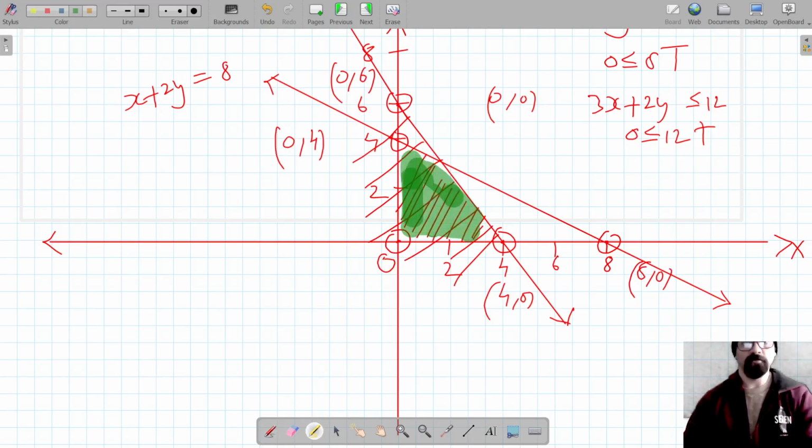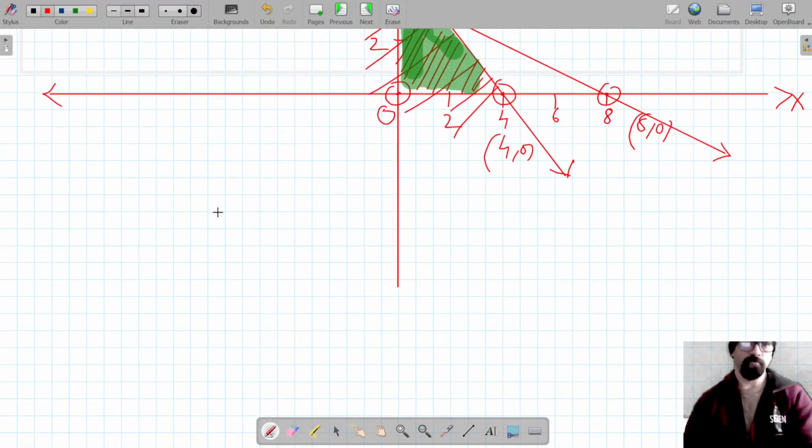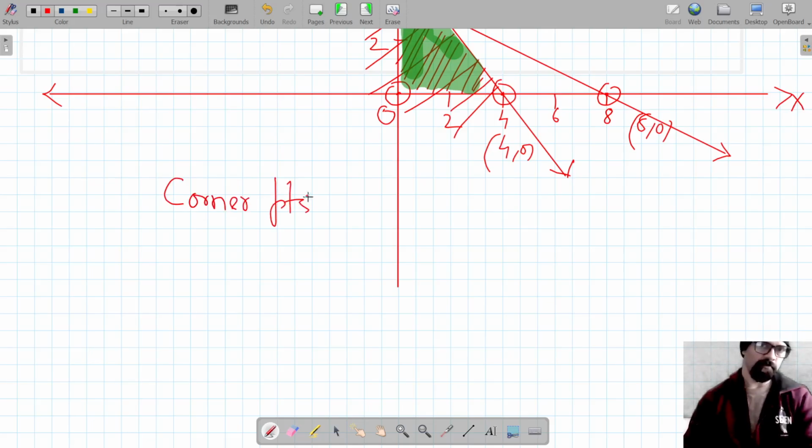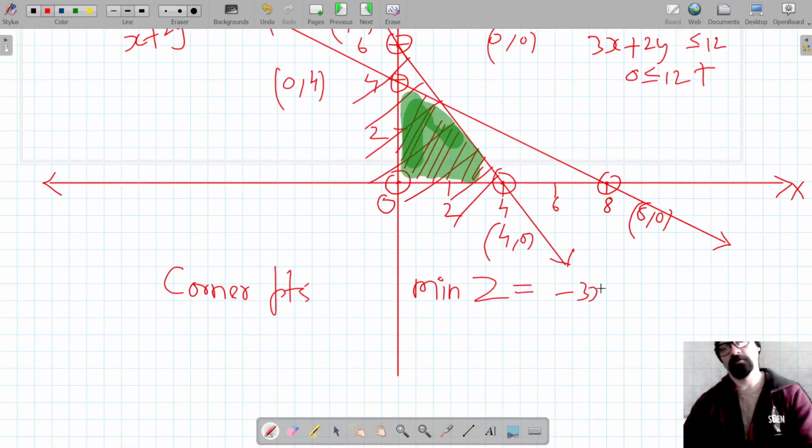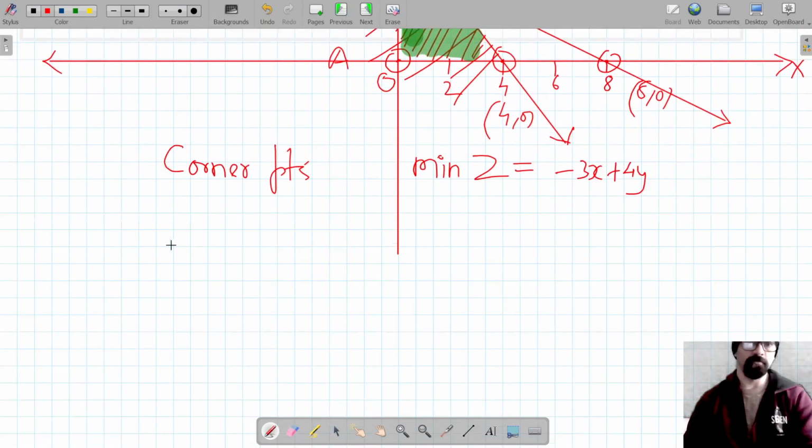And our common region is this one. And it has the corner points. So let me write down the corner points for this region. So now I'm going to write down the corner points and the value of z, which is minus 3x plus 4y. Our first corner point is A, which is 0, 0. So its value is 0.